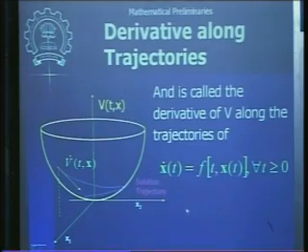Geometrically we can explain it in the following way. You can look at a figure. Say we are representing it in the R2 space. You have this v as a function of x1 and x2. In general it will be some positive definite function, and then you plot a solution trajectory.